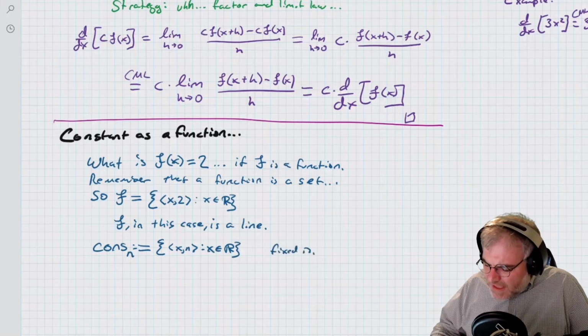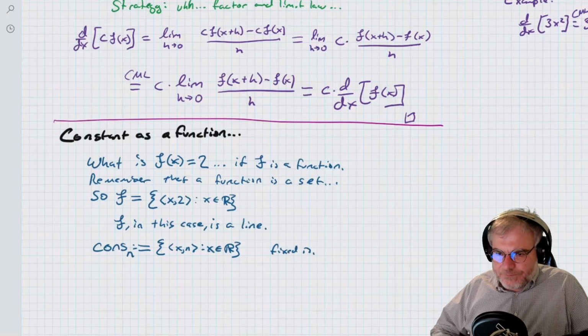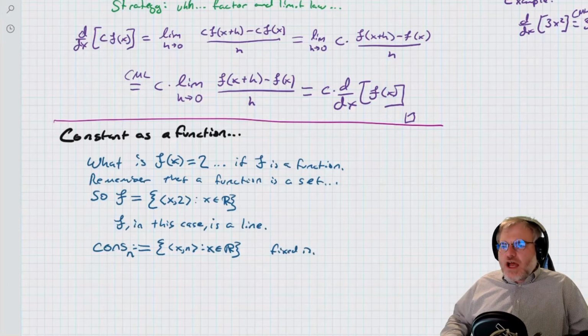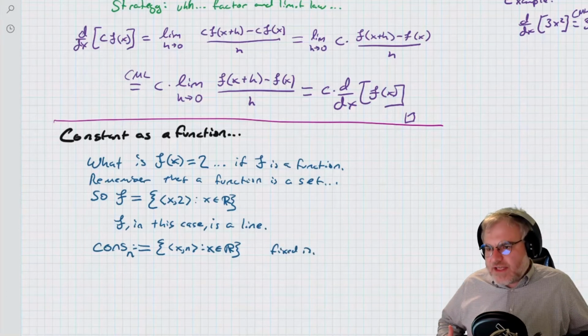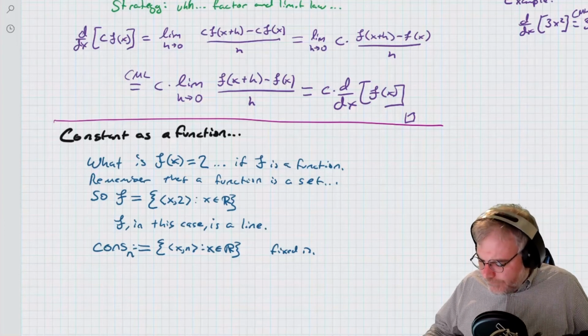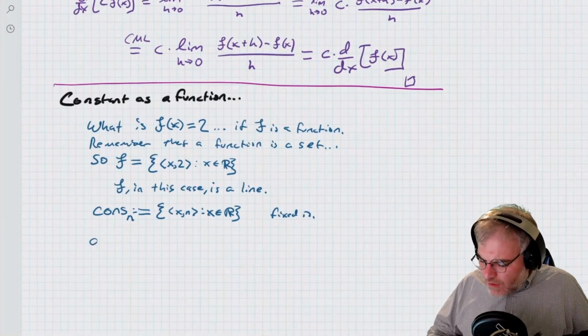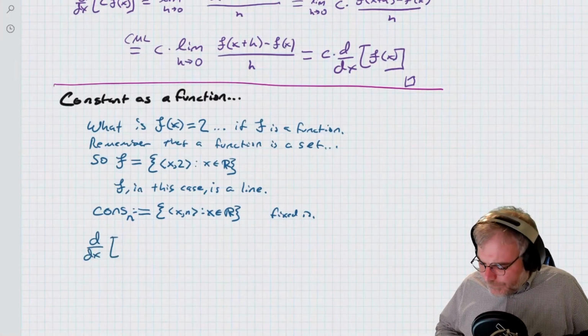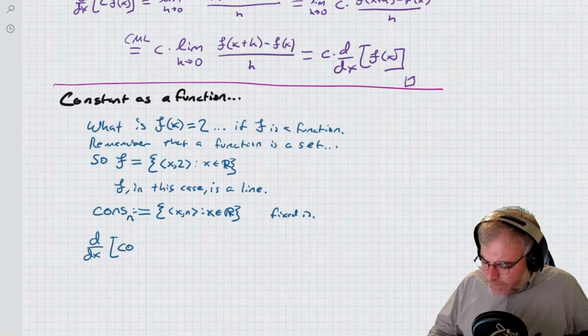So this is going to be the constant function here. All right? So when I take the derivative of it, I'm going to get back the 0 function. So d over dx, because I've got no change, right? Of constant n equals the 0 function.